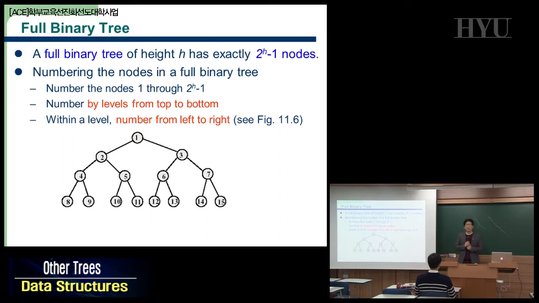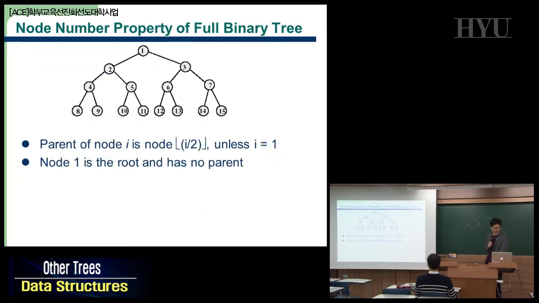Of course, you have to check whether the numbers you calculated are more than the total number of elements in the tree. If it is, then you don't have a left or right child. So that was a condition you should check every time you try to find this.